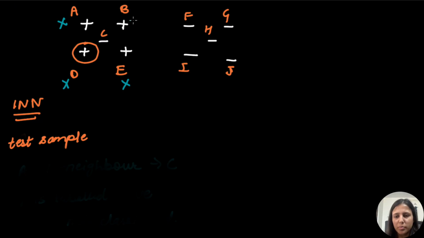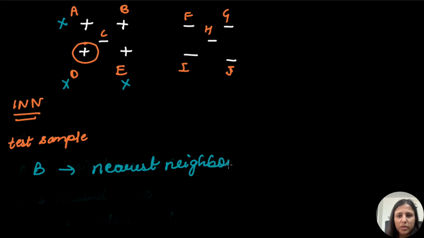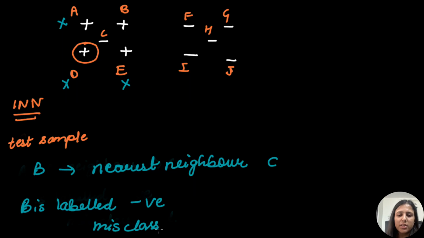Now let's do it for B. Again with the same logic, the nearest neighbor is C. B is labeled negative, so misclassified, right? The true label of B is positive, but because C is the nearest point to B in the training set, it's being labeled negative, so this is also misclassified.